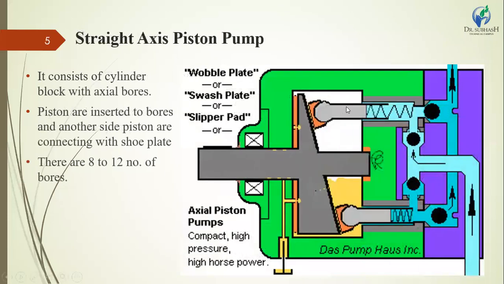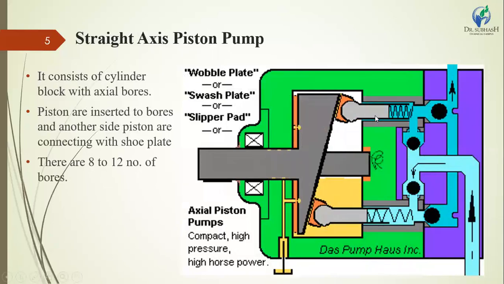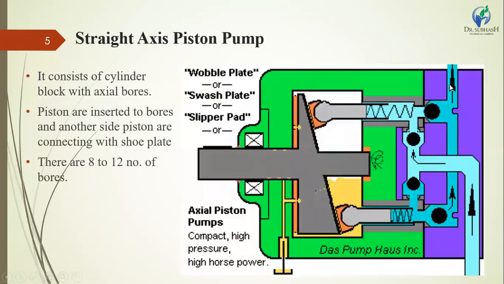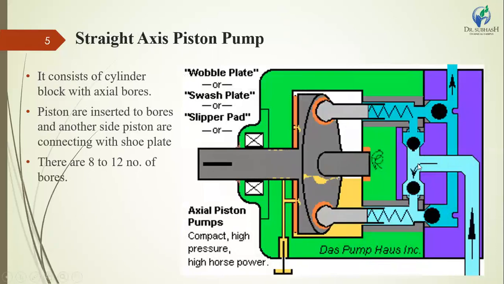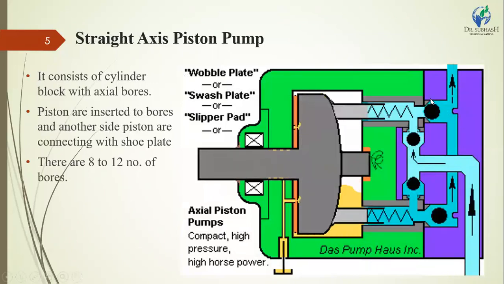This is single acting, like a reciprocating pump on both sides. Two piston cylinder block arrangements are arranged in this pump. Here is an inlet and here is an outlet. This center portion is called the inlet for both piston cylinder arrangements, and both ends are outlets from the piston cylinder arrangements.